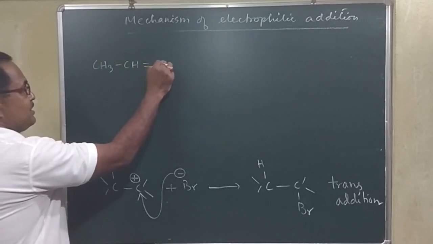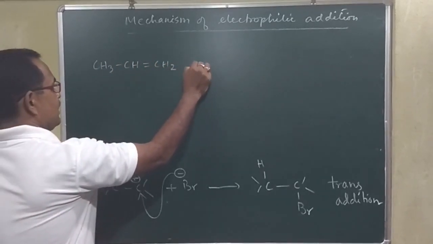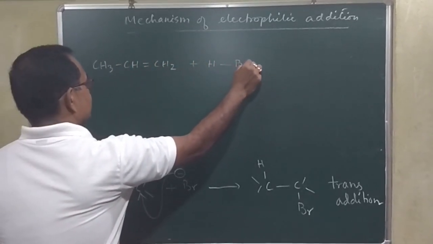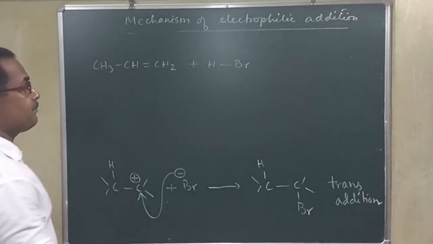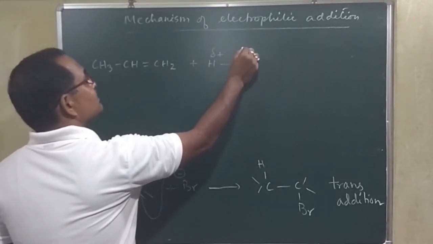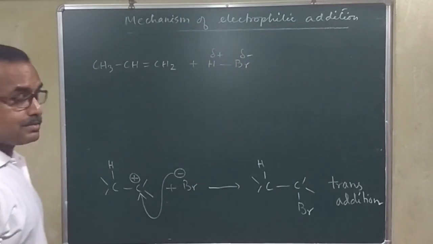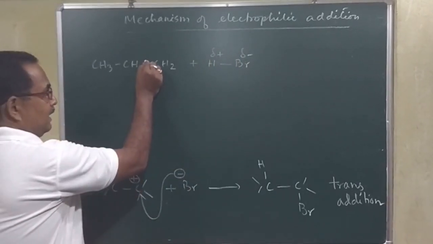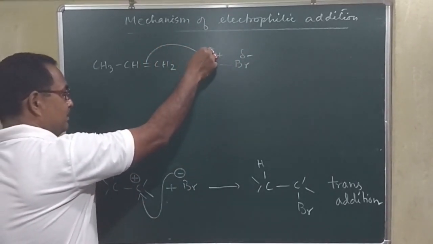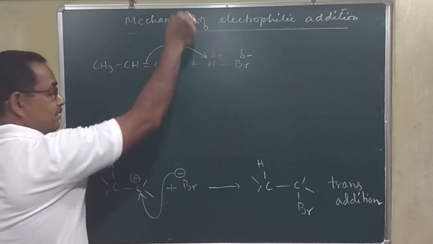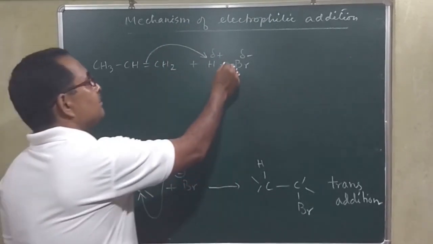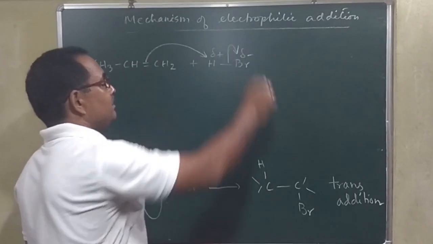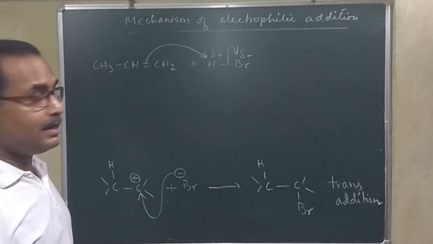CH3CH double bond CH2 plus HBr. This is step 1. H is delta plus, Br is delta minus. Now the alkene, the double bond, the pi bond will attack the hydrogen end. So bromine will leave as Br minus.